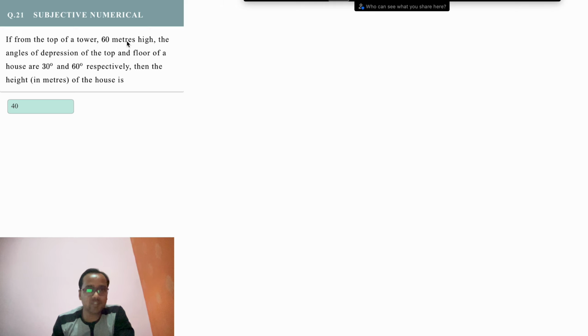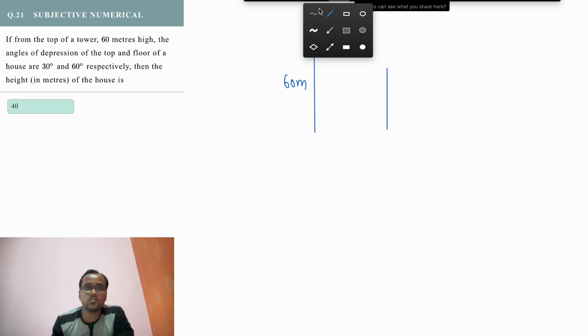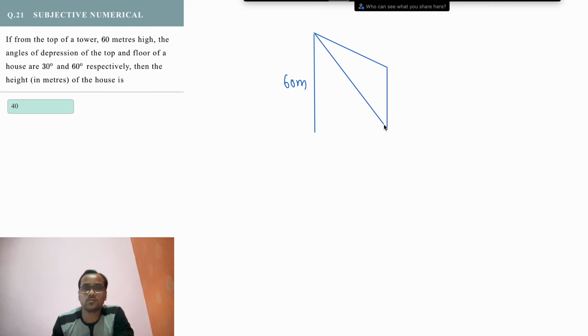If from the top of a tower 60 meter high, let's say this is the top of a tower 60 meter high, the angle of depression of the top and floor of a house, let's say this is the house, so the angle of depression of the top of the house and the floor of the house, these angles of depression, that means this angle and this angle they are talking about are 30 and 60. So that means this angle is 30 degree, this angle is 60 degree.